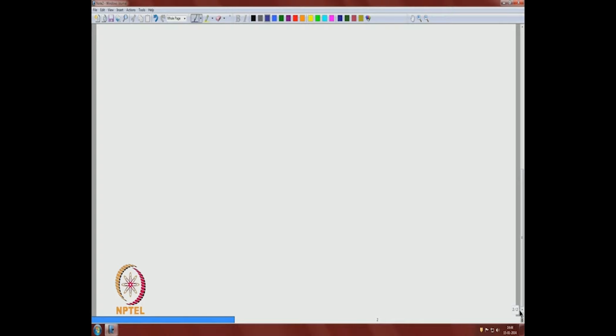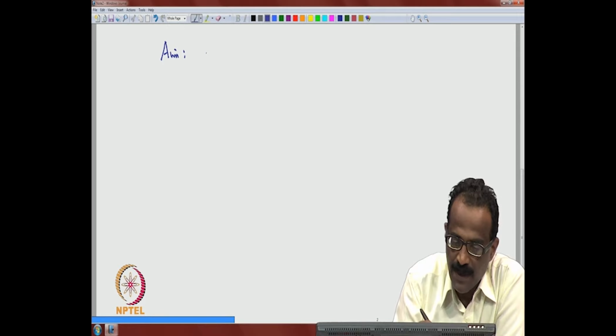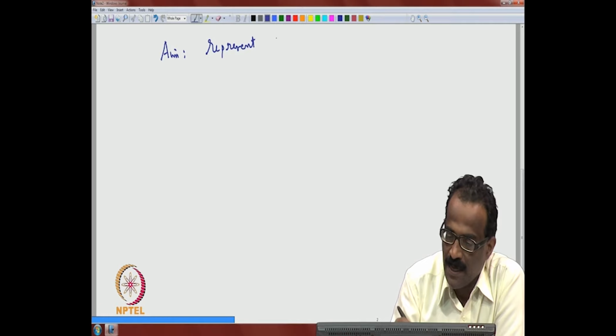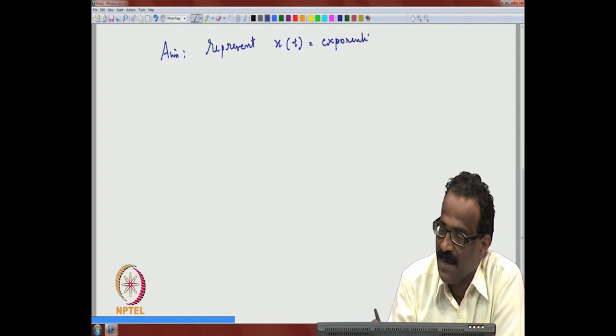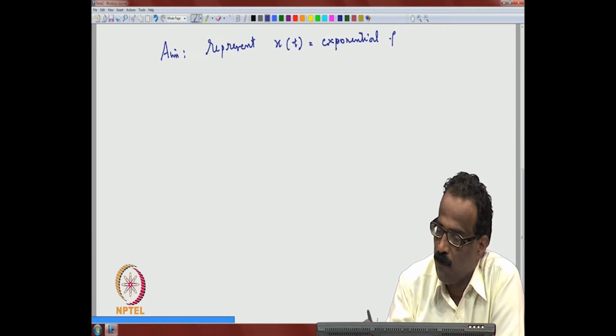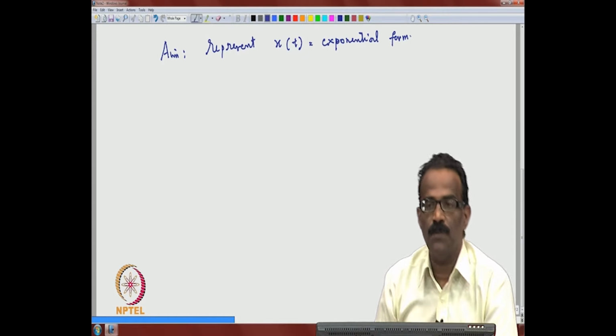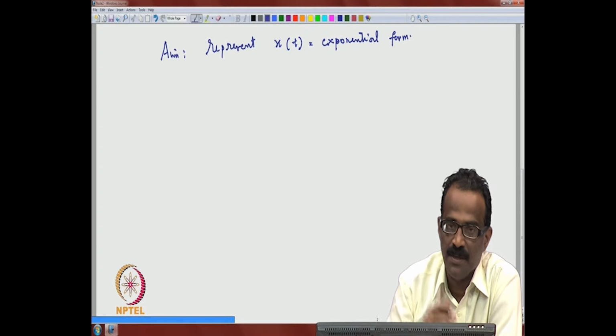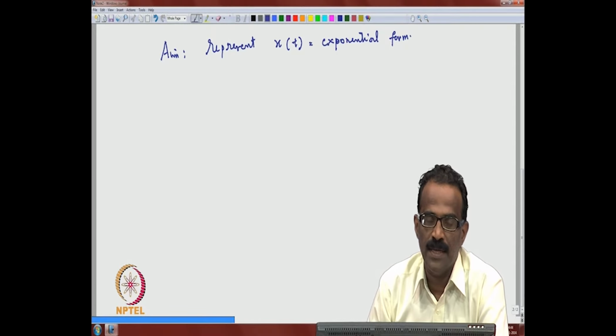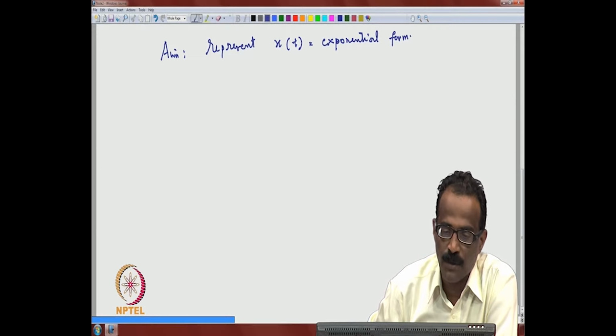The whole aim is to represent the solution x(t) in some exponential form. Here we want to recall the definition of the exponential of a matrix, which we have studied already in the basic part of the module.